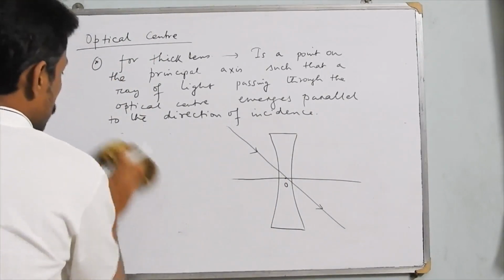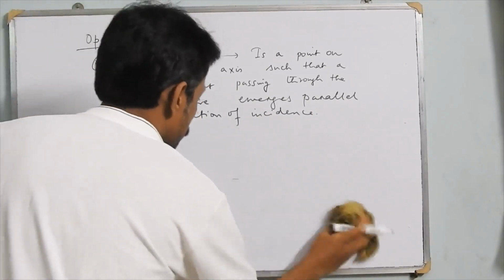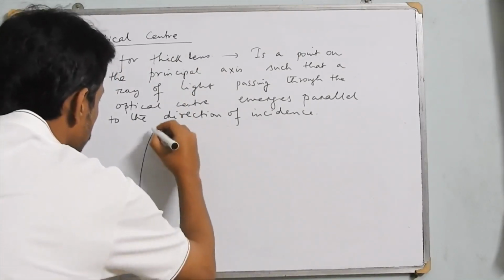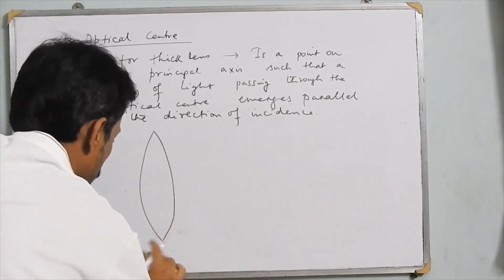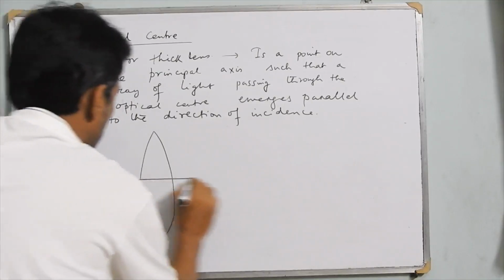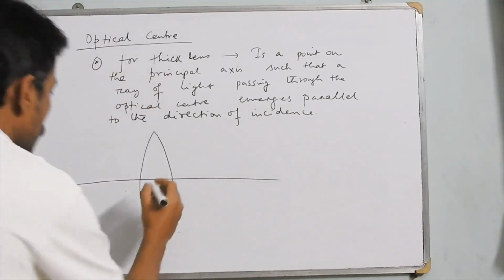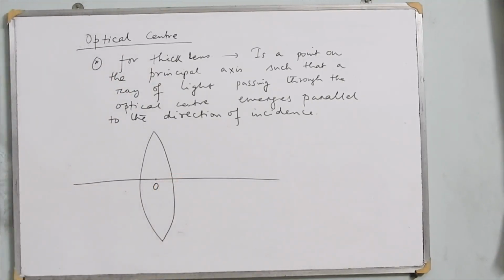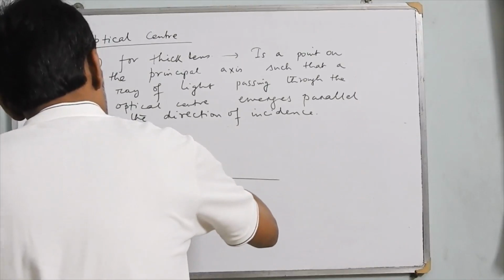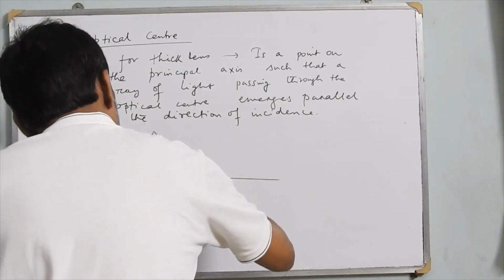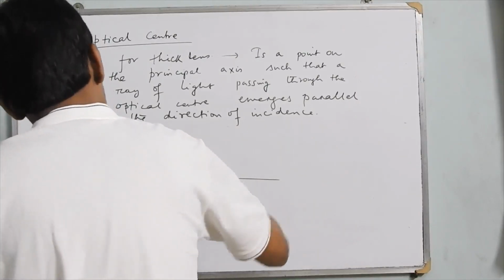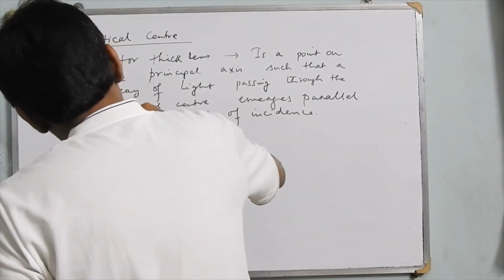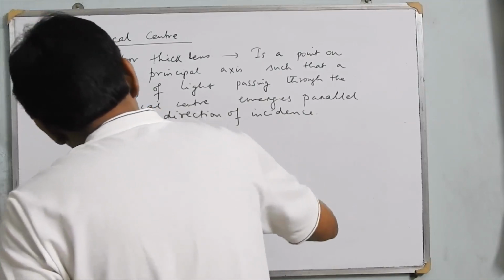So you can demonstrate that using a ray diagram. If I consider a thick lens, then suppose this is the optical center on the principal axis, and a ray of light after passing through the optical center will emerge parallel to the direction of incidence.